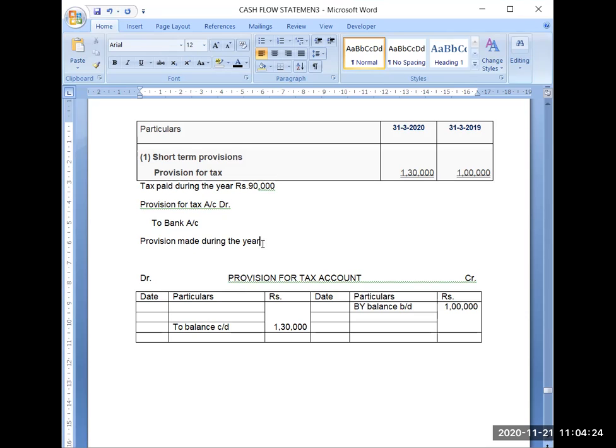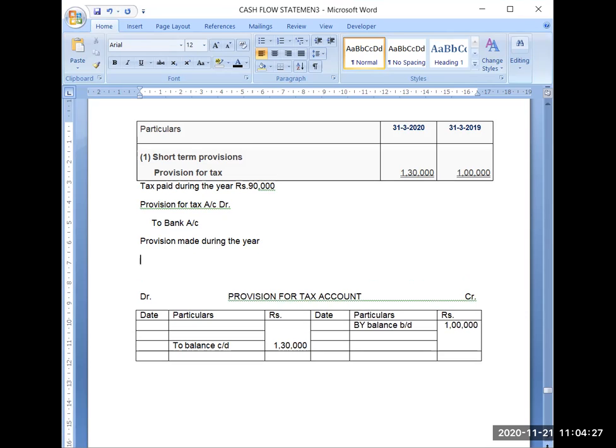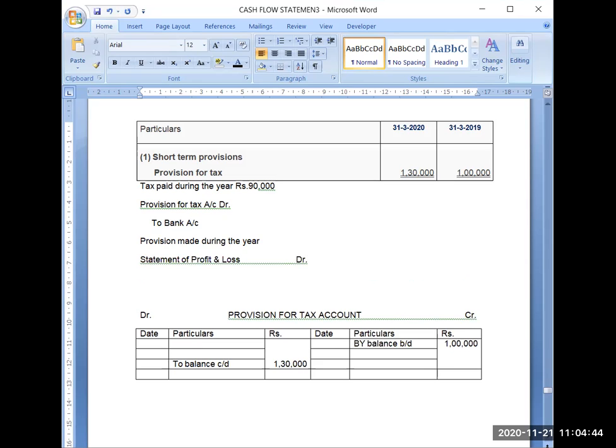Or if I am making the provision during the year, then the journal entry will be statement of profit and loss debit to provision for tax account.